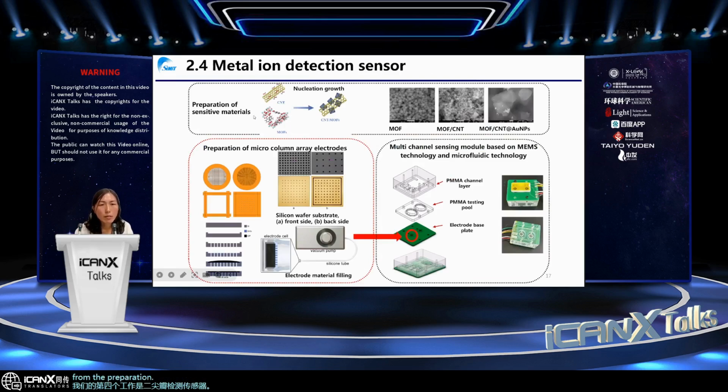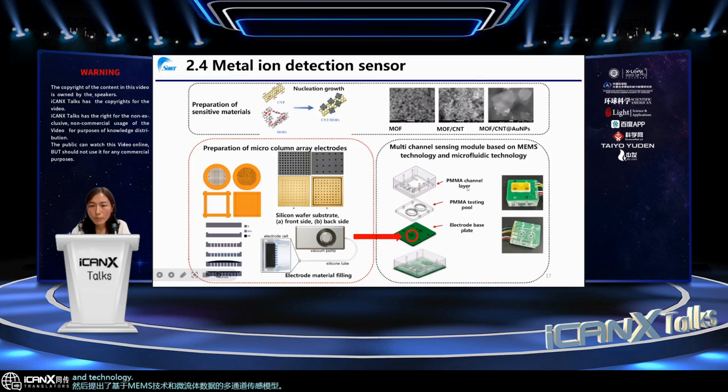From the preparation of sensitive materials, we made the sensitive materials based on metal organic framework, and then we prepared the microcolumn array electrodes based on a silicon wafer substrate. The materials were filled on these electrodes by a vacuum pump, and then the multi-channel sensing model based on MEMS technology and microfluidic technology.